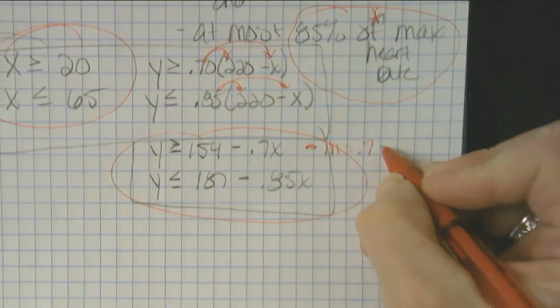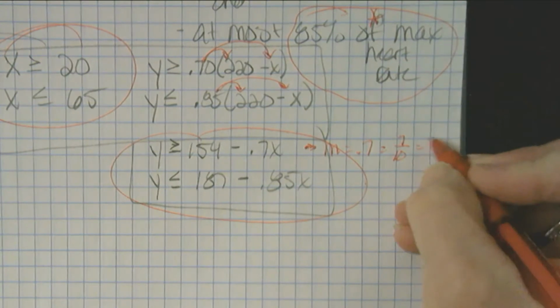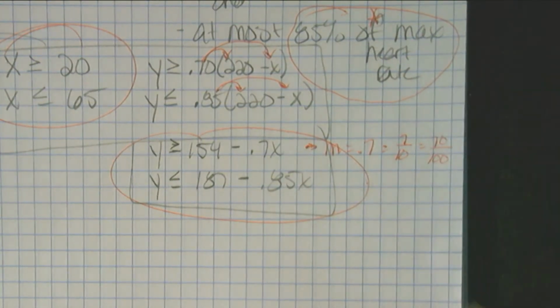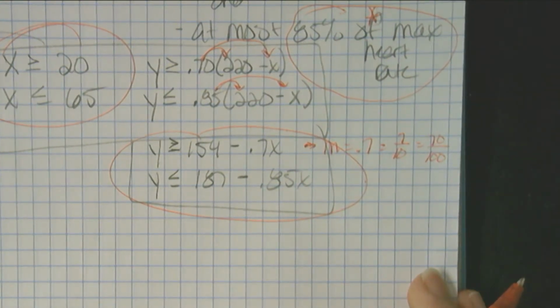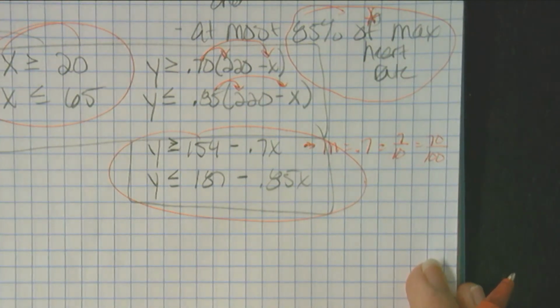That's the same thing as 7 over 10, which is also the same thing as 70 over 100. That's how I can coordinate my slope with those. Off the top of my head, you could probably count by 2, 4, 6, 8, 10.